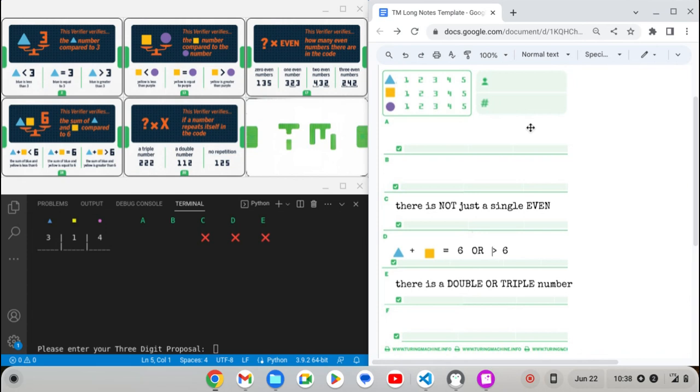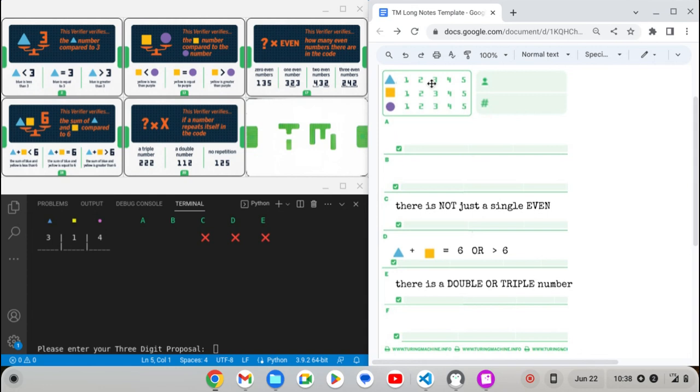Okay, so let's see. Wow. Okay, so we know we have either a double number or a triple number. Well, let's consider the triple number. Is that even possible? I guess I can conceive that maybe they could all be 3s.